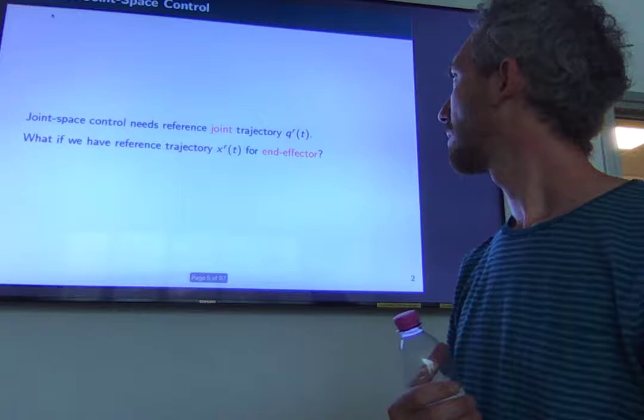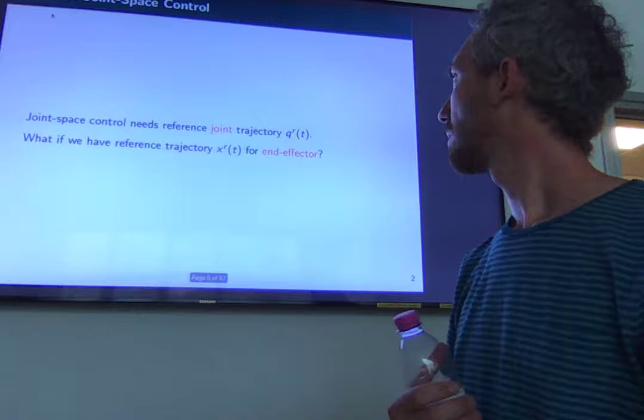Then once I have this qr, I can apply joint space control. So I translated the problem of controlling the end effector into the problem of controlling the joints, and then I apply joint space control. Sure, you can do that.